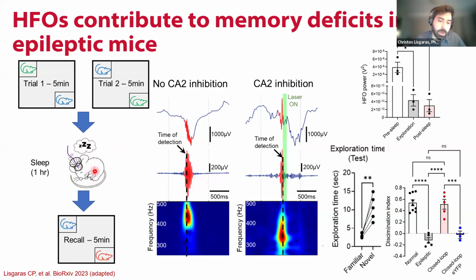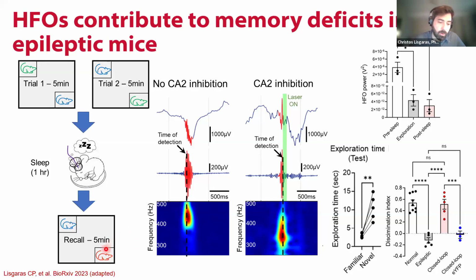And we would test their memory afterwards, after 1 hour of sleep, in a similar trial where we kept one of the mice that they saw before and they know, but then we switched the other mouse with a novel mouse. And as you know, mice like novel objects, novel animals to explore.